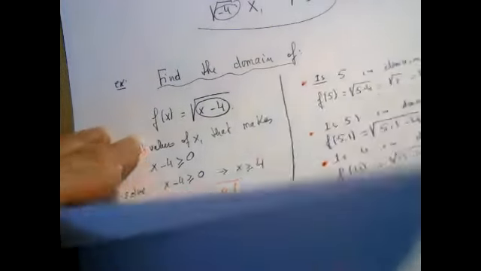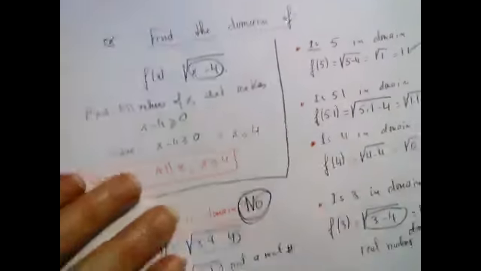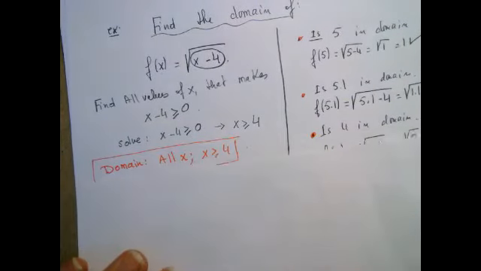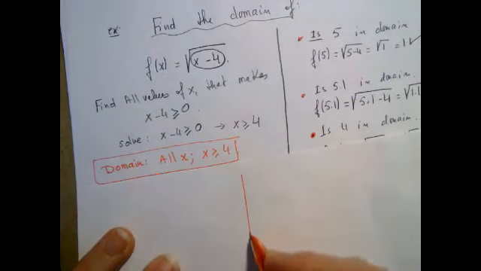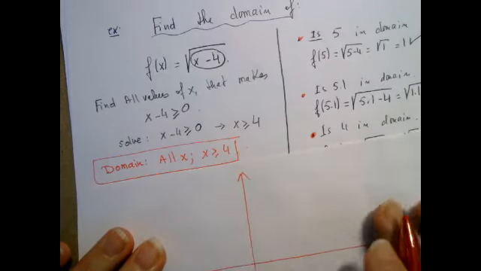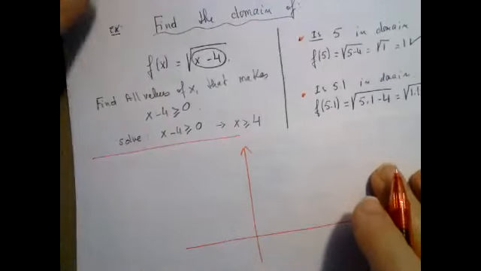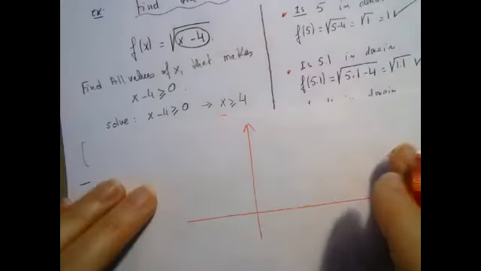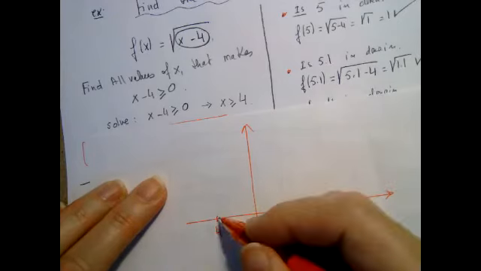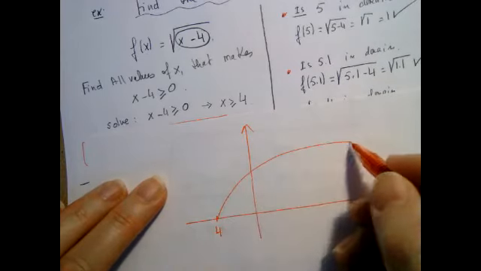Now, the effect on the graph, how the graph of this function would look. When we pick up a calculator and graph it, you're going to see the graph looks like this. This is 4, and the graph looks like that.